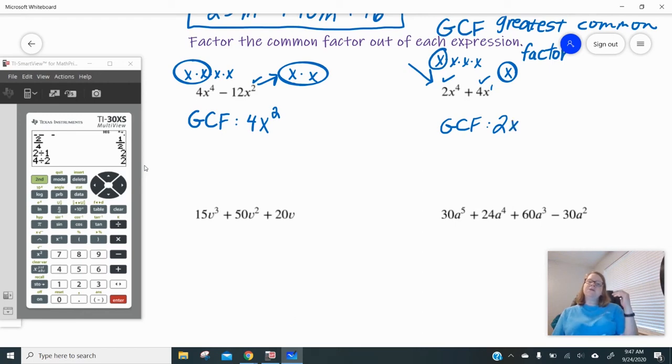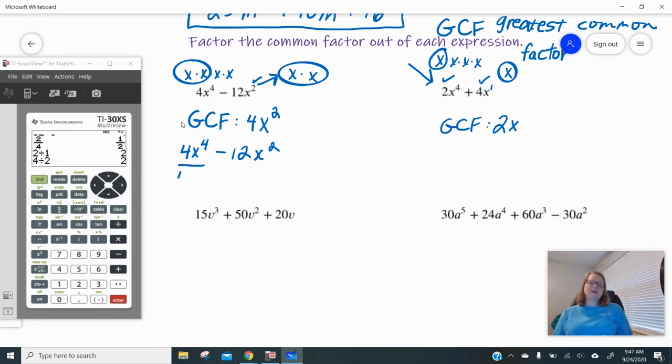All right, so looking at the directions, it says factor the common factor out of each expression. So we found the common factor, so now let's do something called factoring it out. Factoring it out is like dividing it out. That's the way I think of it.